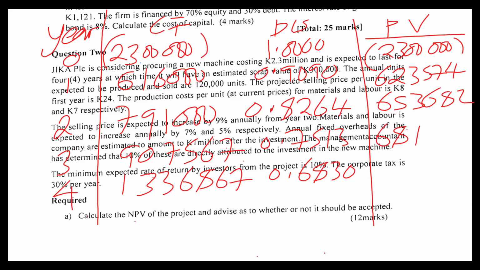The fourth year is 913,080. Not 308. You said 913, then 080. Like this.